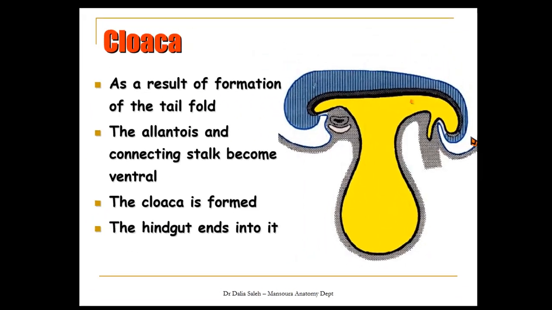And now, caudal to these structures, the cloaca is formed. And the hindgut, or the part of the yolk sac that is trapped inside the caudal end of the embryo, will end into this cloaca.